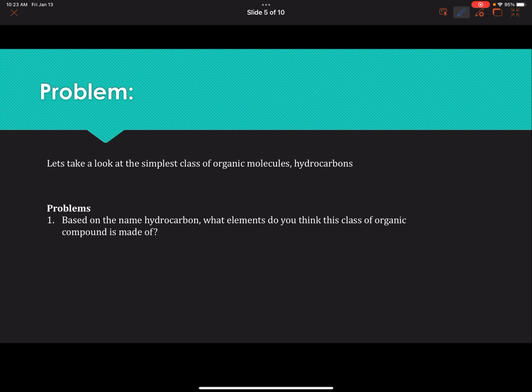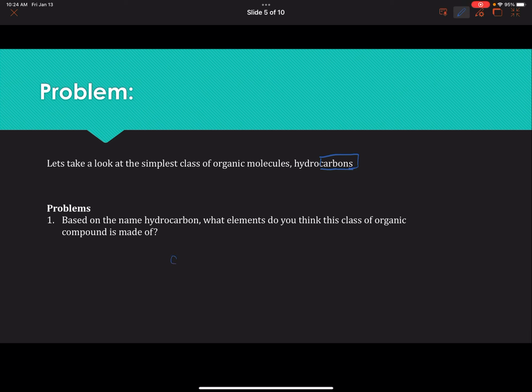So we're going to take a look at the simplest class of organic molecules, known as our hydrocarbons. So if we think about that word, hydrocarbon, based on the name, what elements do we think are likely to be in that class of organic compound? If we break it down, first of all, we've got carbon.